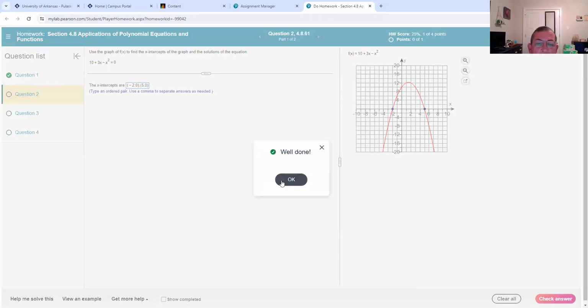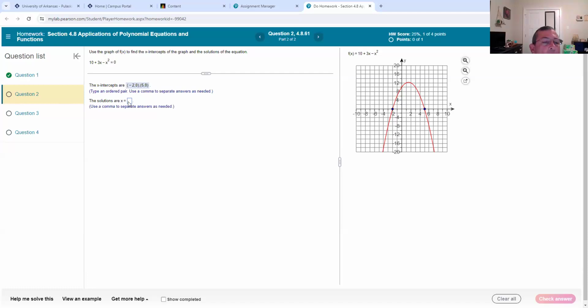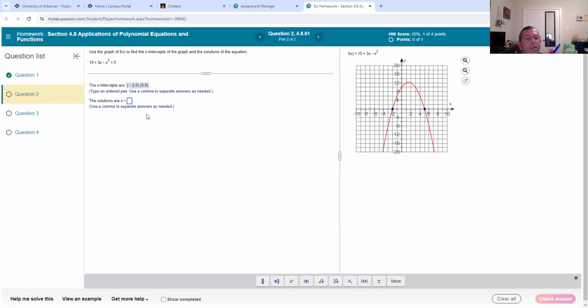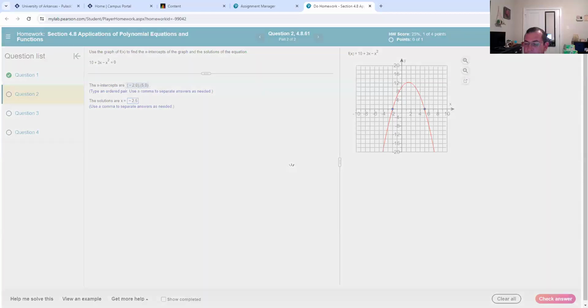So knowing that, what are my solutions to this quadratic equation? -2 and 5. Good job. And then you check your answer.